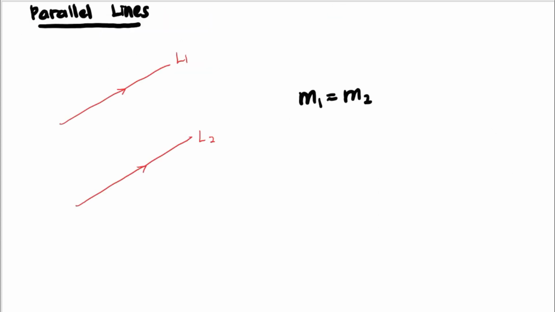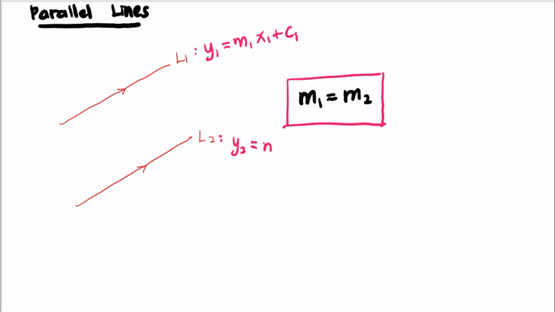Now another important concept is about parallel lines. Suppose we have L1 and L2 being two parallel lines, then their gradients are equal. L1 is y1 equal to m1 x1 plus c1, and L2 is y2 equal to m2 x plus c2.